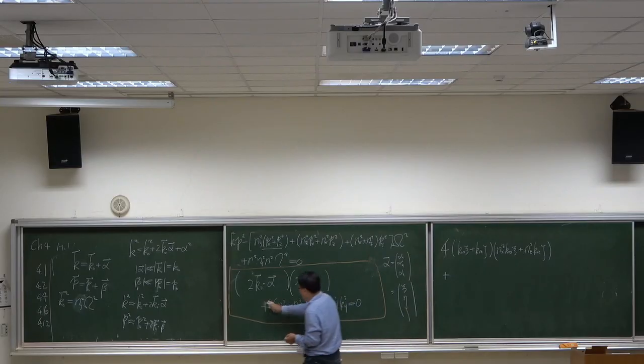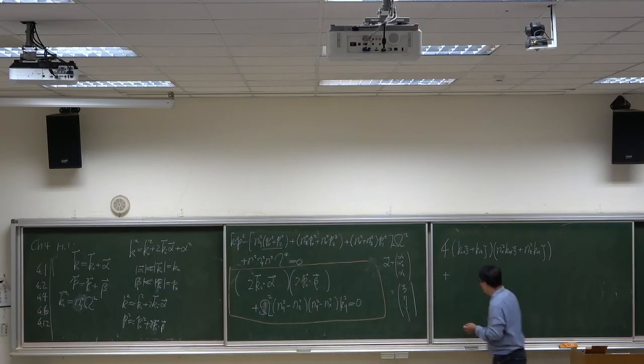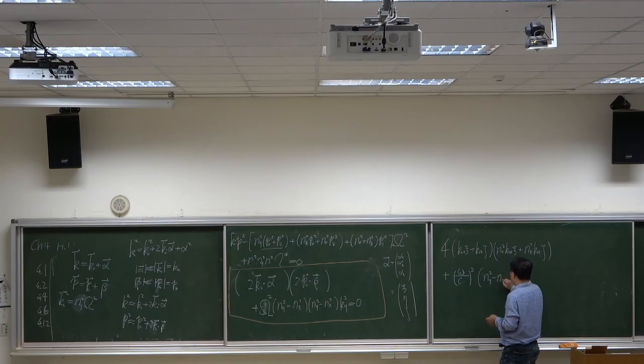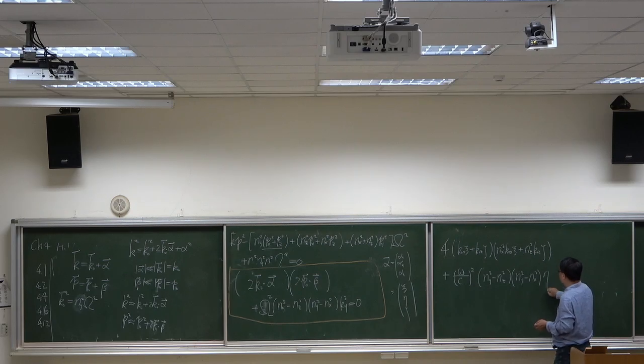Sorry, here we have omega squared. Okay, we have this omega over c squared times ny squared minus nz squared, ny squared minus nx squared times eta squared equal to 0.